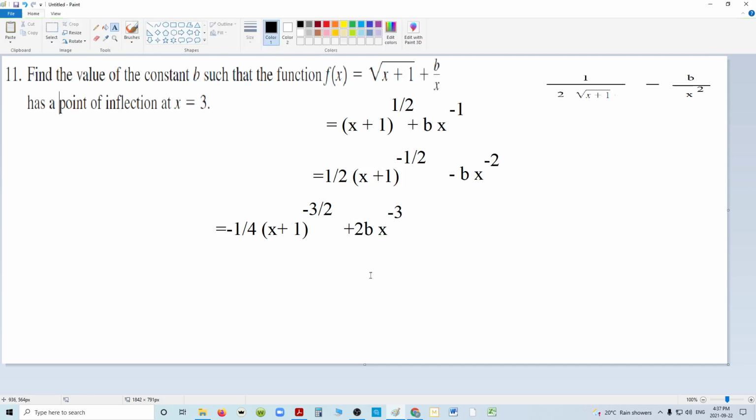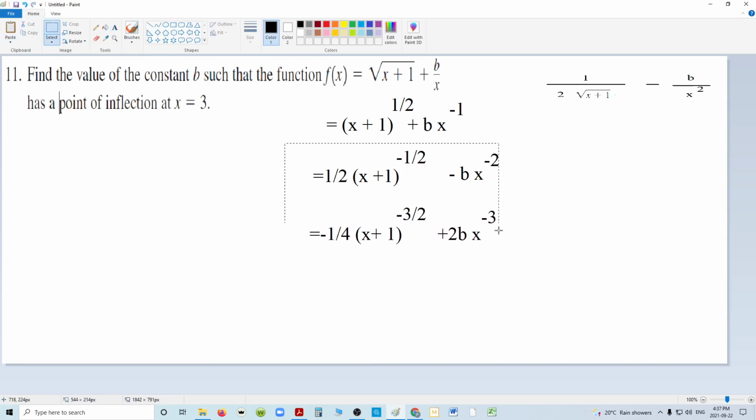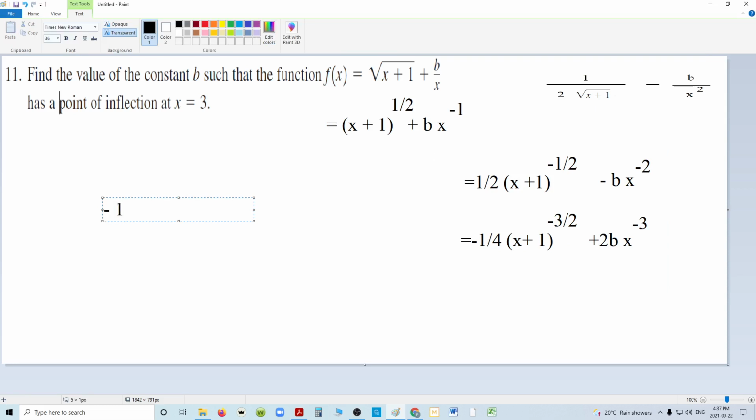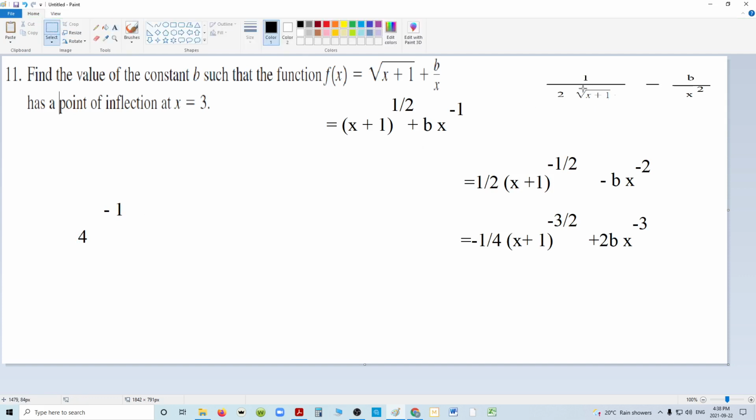So there you go. Now, if I'm going to rewrite that in normal terms, as I did above, you get minus 1 over 4. And what does that 3 over 2 mean? It means the square root of x plus 1, just like that, all to the power of 3.